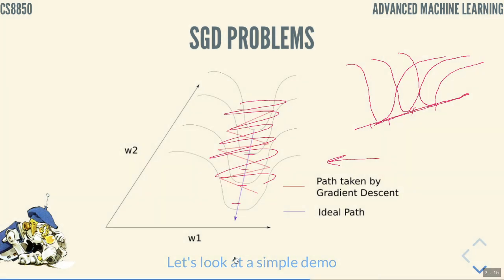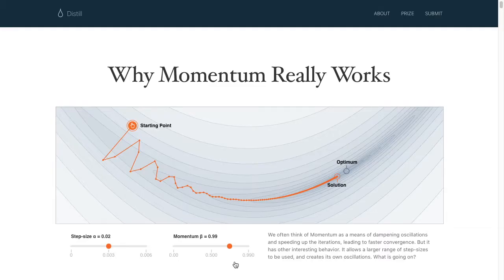Hopefully it works for us. You can play with it following the link in my slides that I will provide for you. But let's say we have no momentum here. Momentum parameter is this, and depending on the step size, look what will happen.